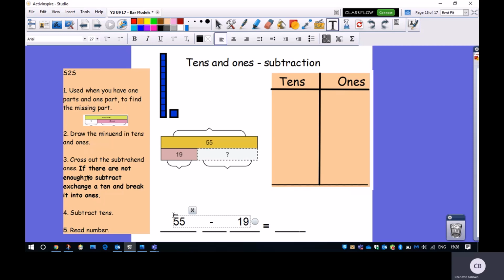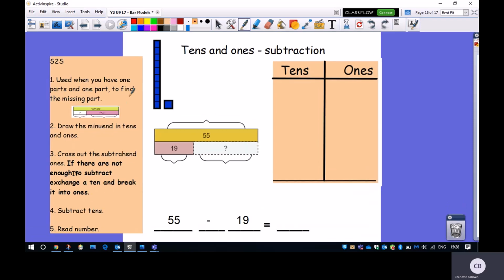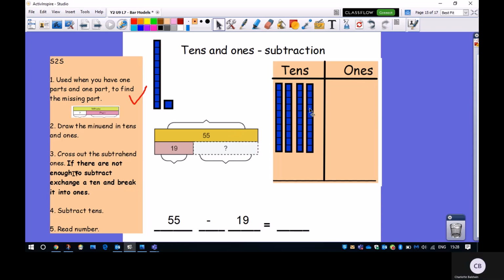Right, okay, so I've got my calculation. My next step is to now draw the minuend in tens and ones. Now the minuend is the whole and is the first number, so I need to draw 55. 1, 2, 3, 4, 5.